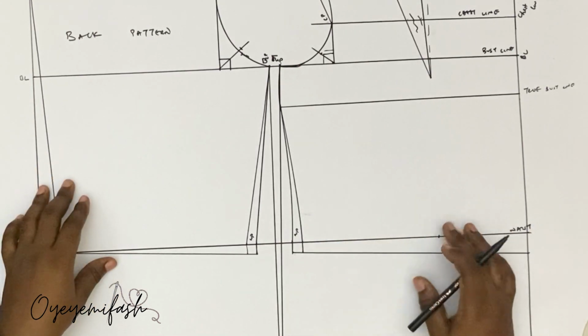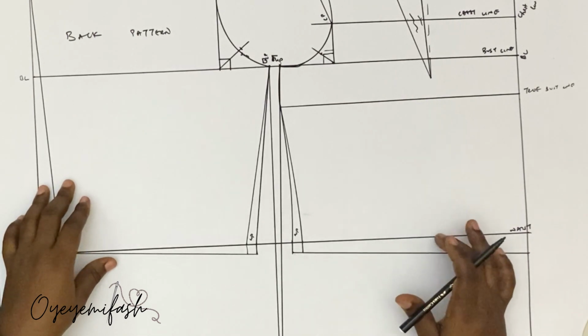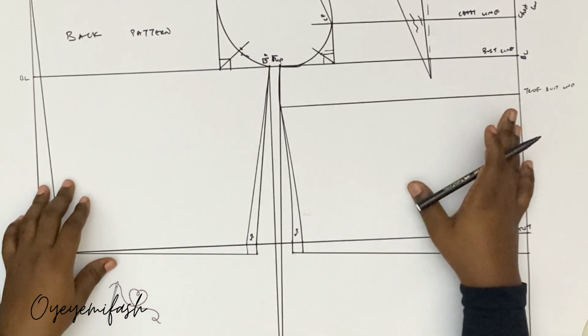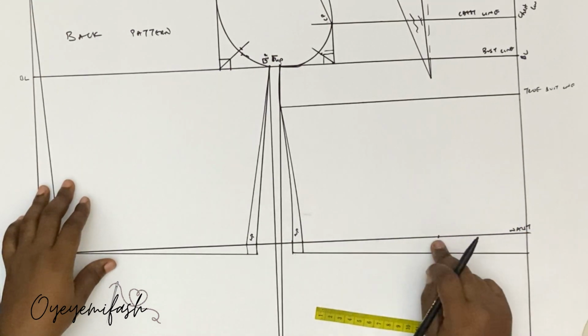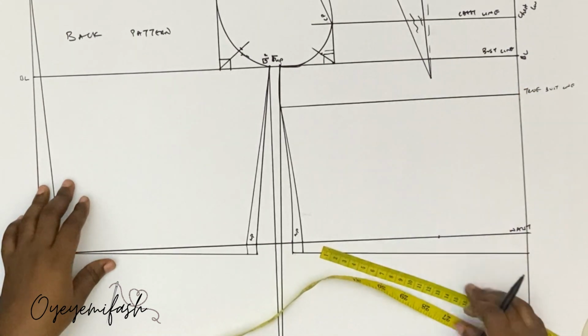To get the dart position for the front pattern, we'll take our nipple to nipple measurement and divide that by 2, or you take the across chest measurement and divide that by 4. Whichever one you are using, you mark it from center front along the waistline and also from center front on the true bust line.